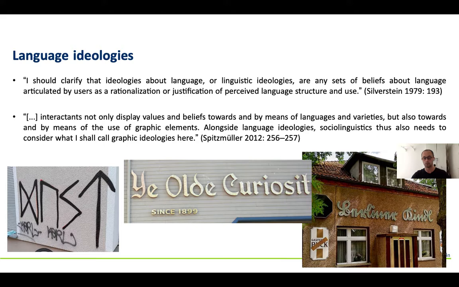Right, the same thing for the picture in the middle, where it reads "Ye old curiosity." It actually should read "Ye old curiosity shop," and this would be another big topic: this sort of archaic looking inscriptions in English.